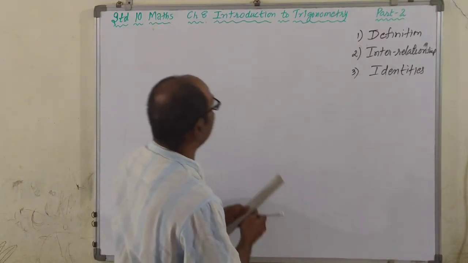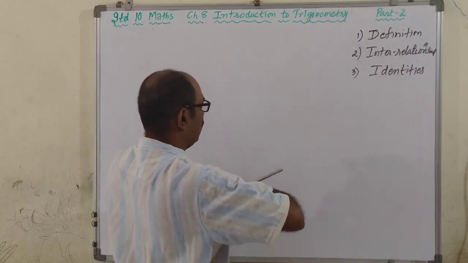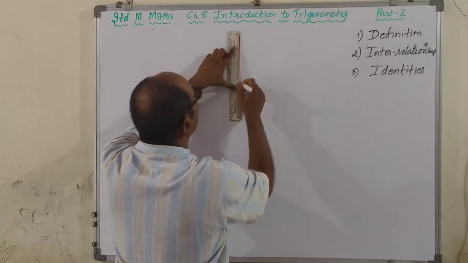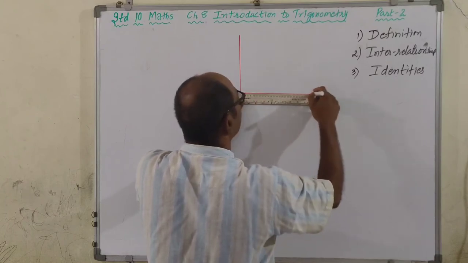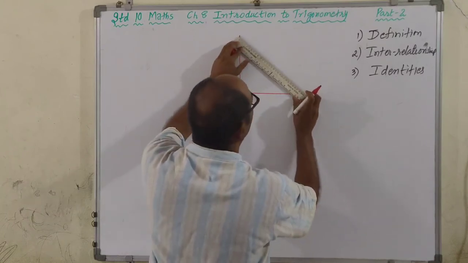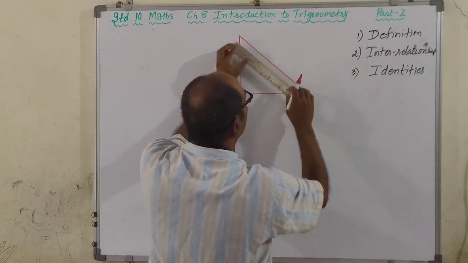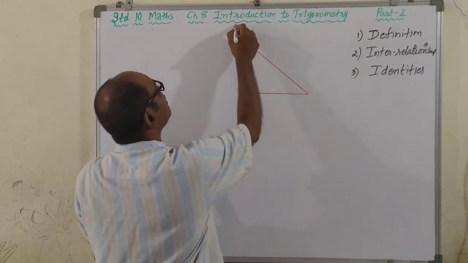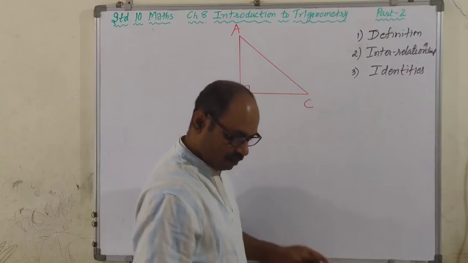Here is one right triangle. Okay, this is triangle ABC.